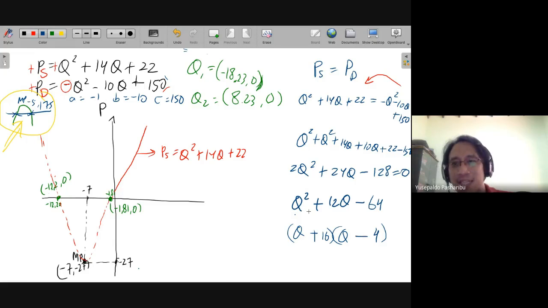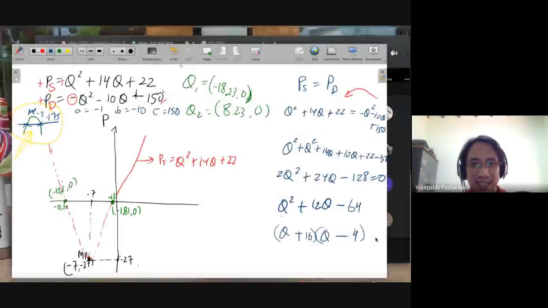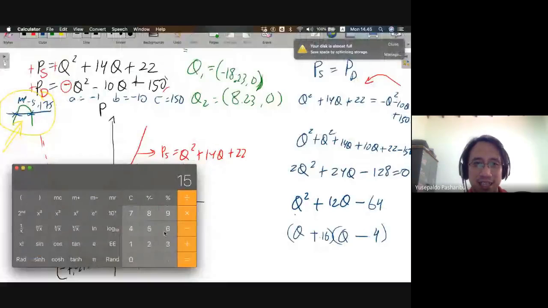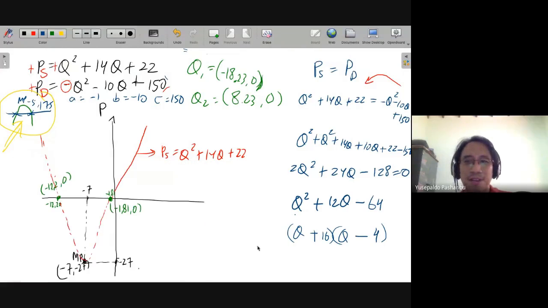So Q times Q squared, plus 16Q minus 4Q gives 12Q. 16 times 4 equals 64. If you are confused using this, you can use the formula, but I want us to make it faster. So Q equals minus 16, and this one Q equals 4.